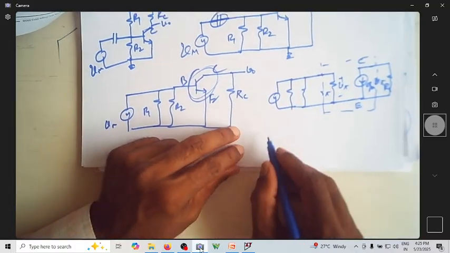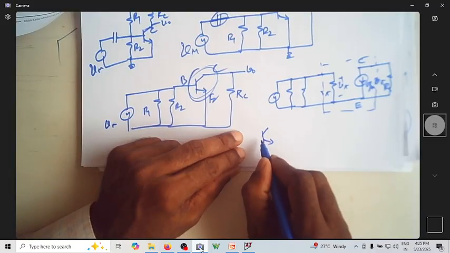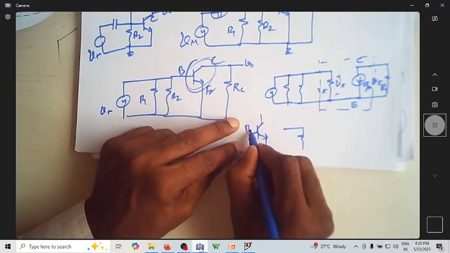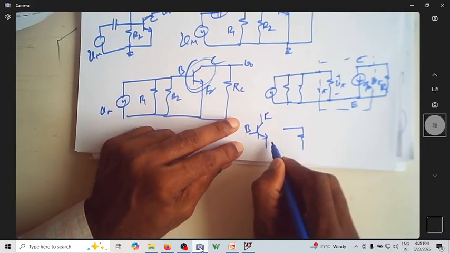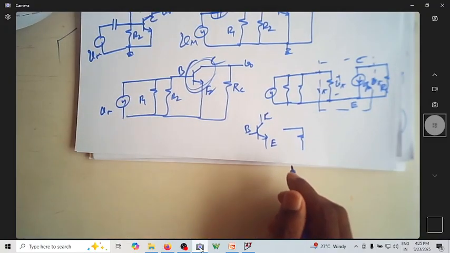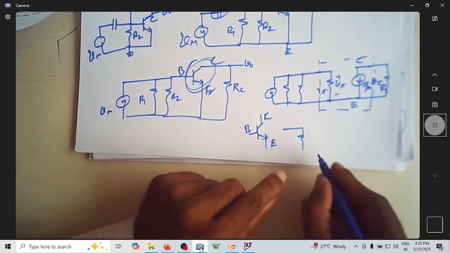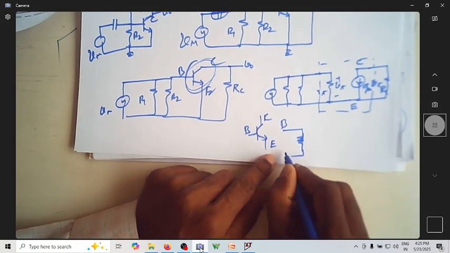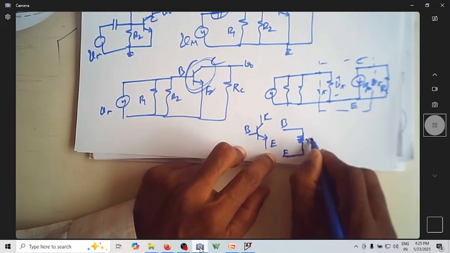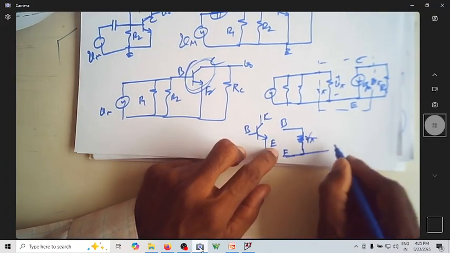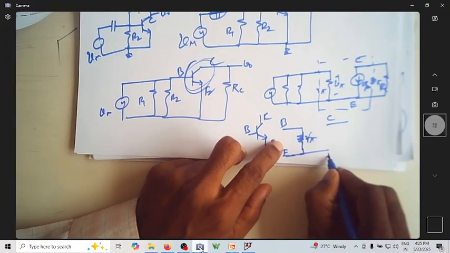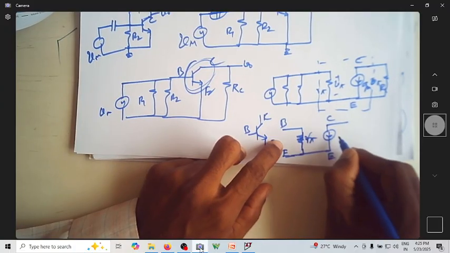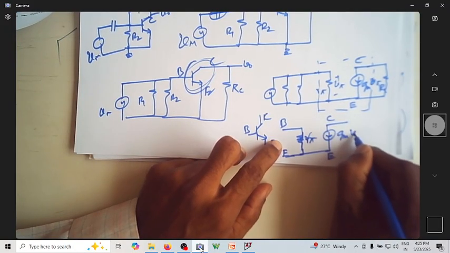So what is this transistor replaced by? It is replaced by base, collector, emitter. Between base and emitter it is replaced by R pi, and between collector and emitter it is replaced by a current source equal to Gm times V pi.